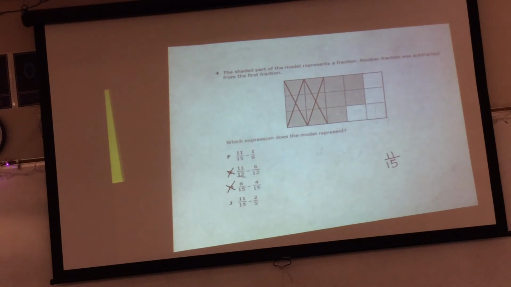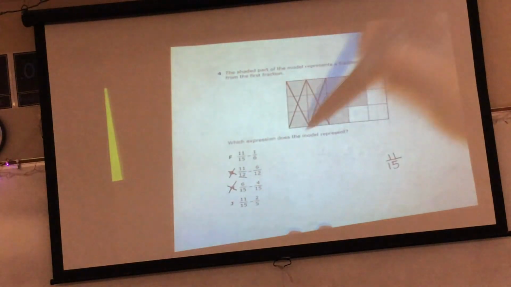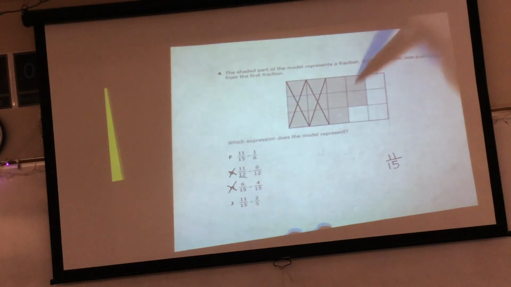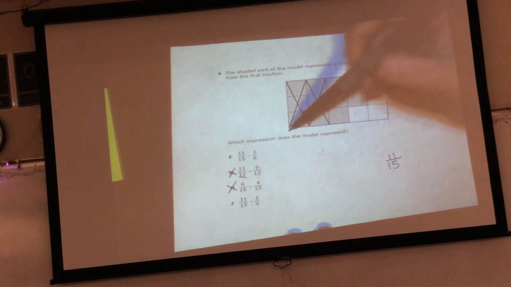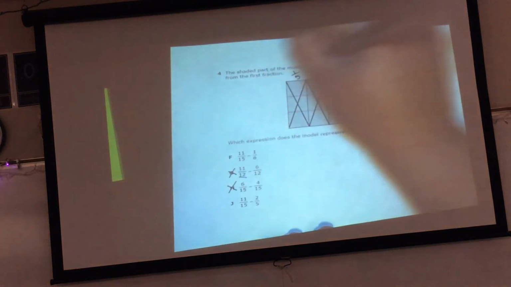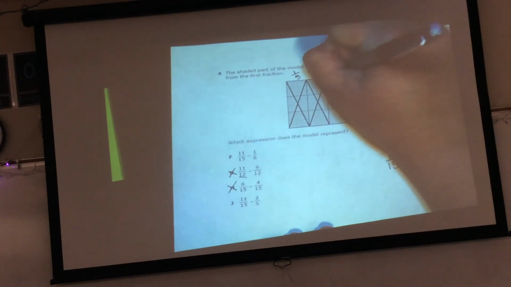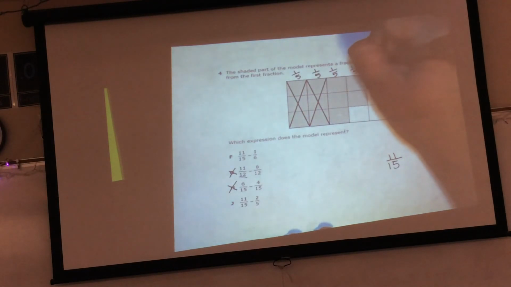Now let's talk about where the next part comes from. There are 1, 2, 3, 4, 5 columns, right? I'm looking at my columns because it is showing that they're marked out this direction. So this would be 1/5, 1/5, 1/5, 1/5, 1/5.